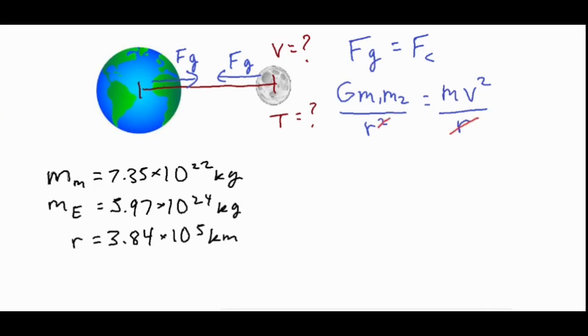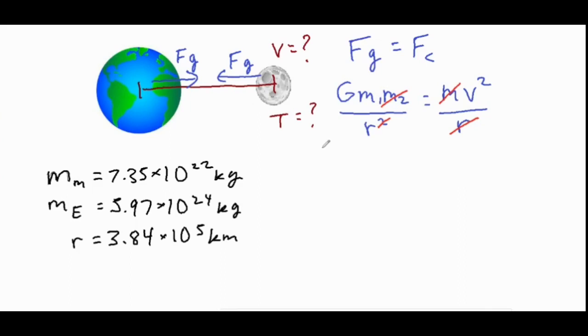And the second thing is we can cancel out one of the m's, but you want to be careful which m you are canceling out. Remember, we're focusing on the Moon revolving around the Earth. So we're going to cancel out the m, which is the mass of the Moon. So this m1 is the mass of the Earth. Turns out that the actual mass of the satellite is insignificant.